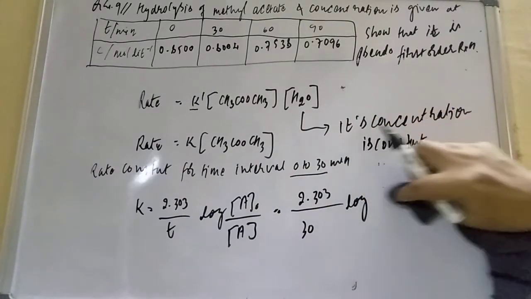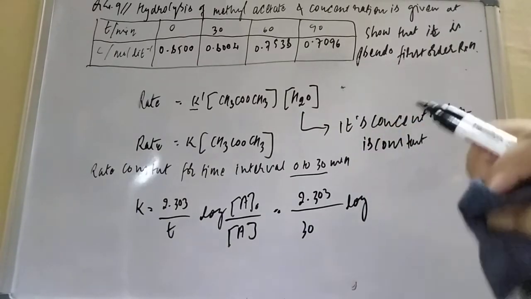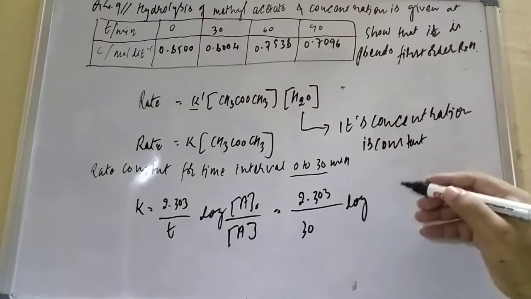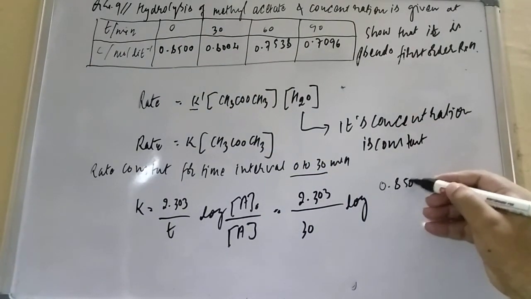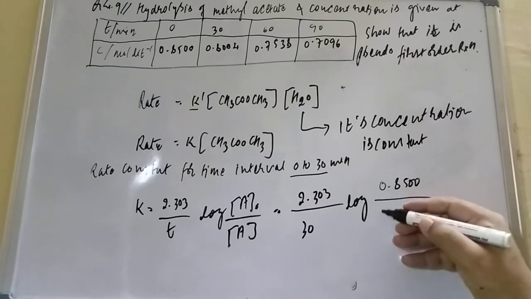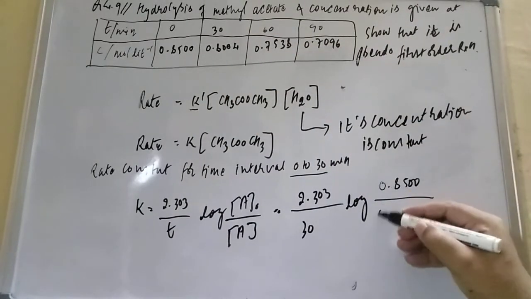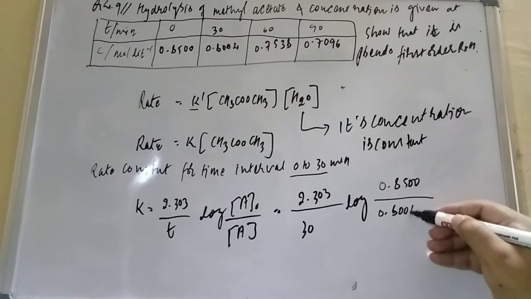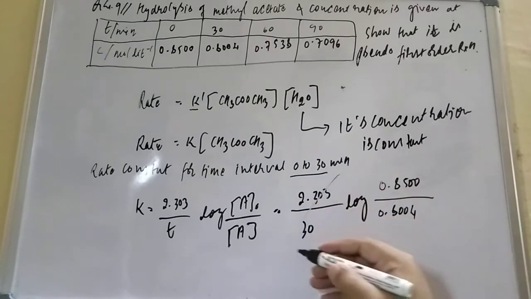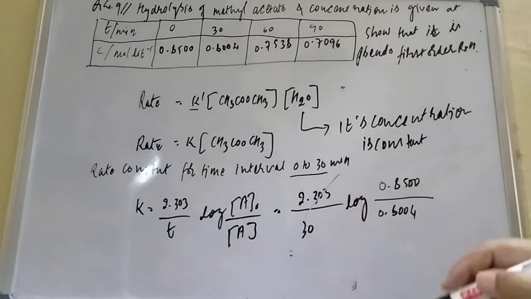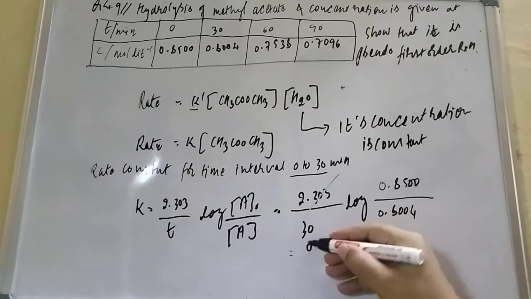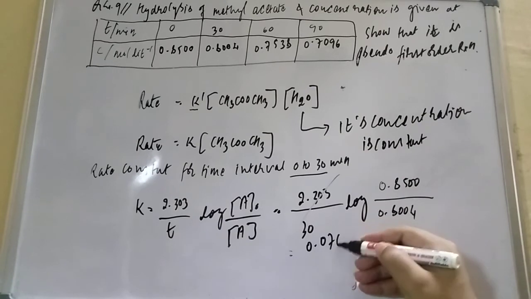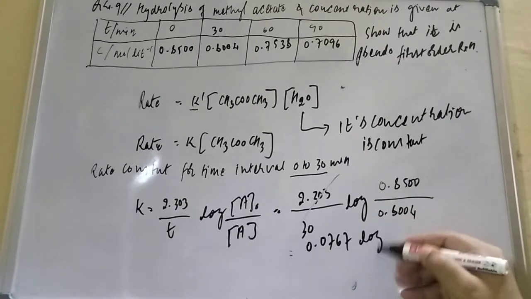The initial concentration at 0 minute is 0.8500 and the final at 30 minutes is 0.8004.